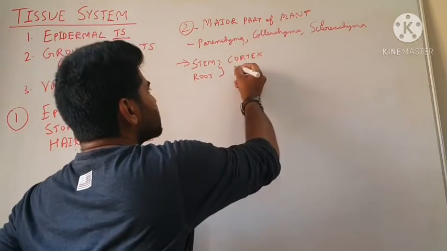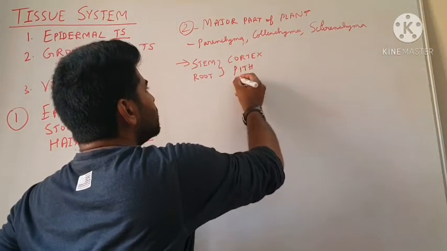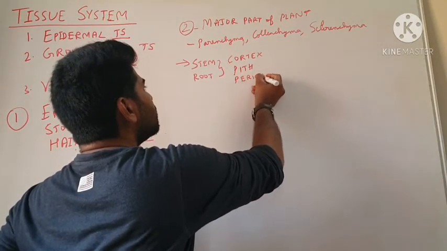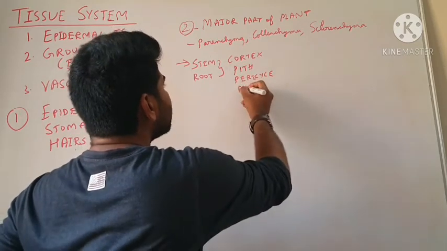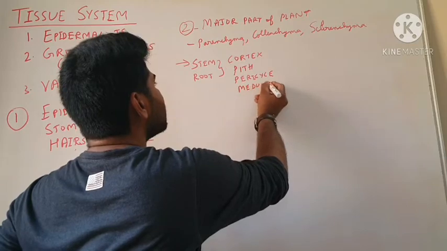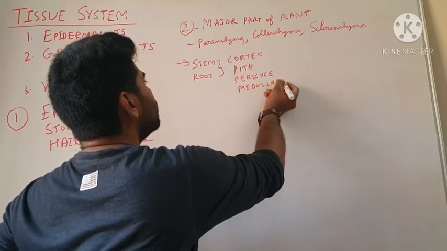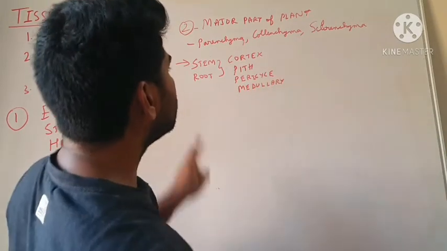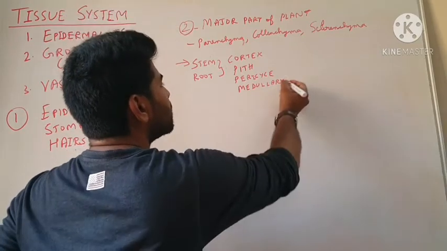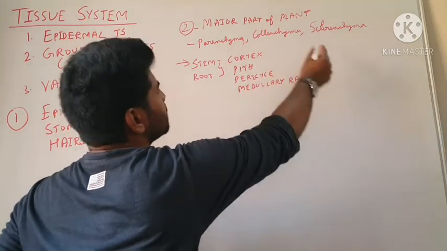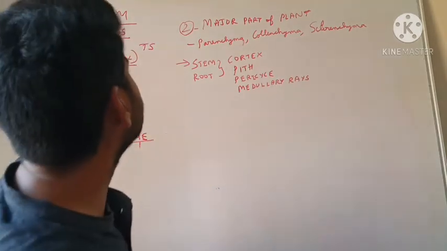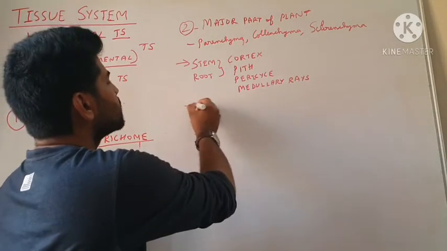So the cortex, the pith, the pericycle, all these parts along with the medullary rays present in between the two vascular bundles, all of this constitutes the ground tissue system.